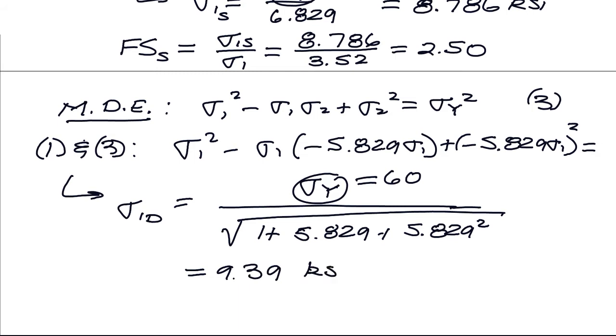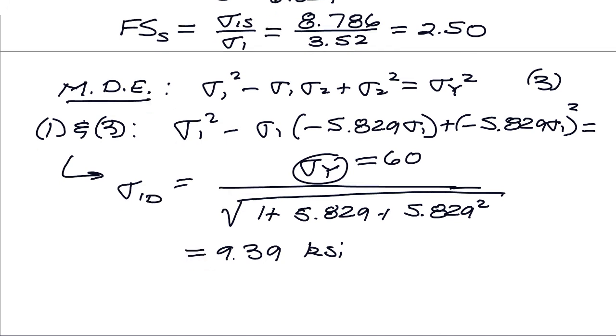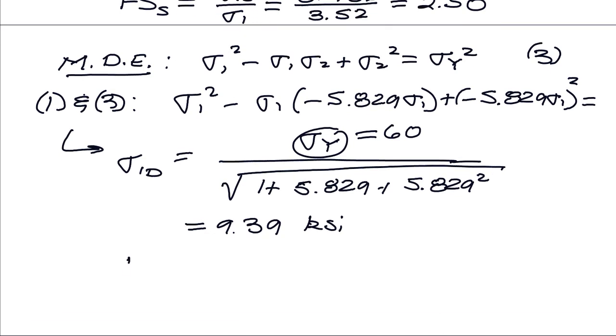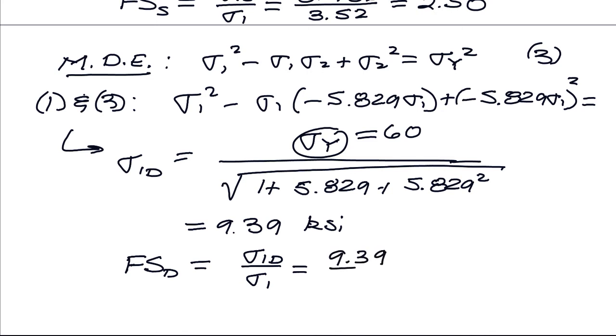So this is where the load line crosses the ellipse. In order to find the factor of safety for this loading as determined by the maximum distortional energy theory, we take the sigma 1d, which we just found, divided by the actual principal stress there of sigma 1. And that factor of safety becomes 2.67.